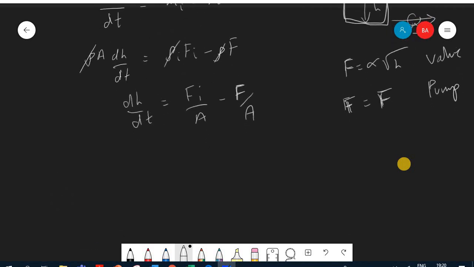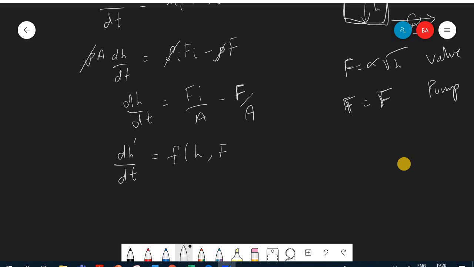Now if you want to work on the system to get our transfer function, what should we do? We should write our equation in linearized deviation form, and we do this by writing dh'/dt equals a function of the state variable, which is the differential equation, and the inputs.